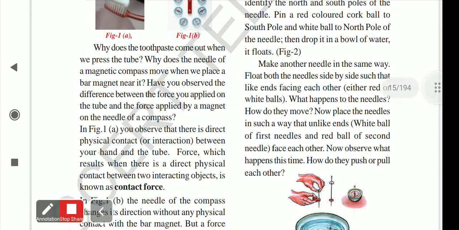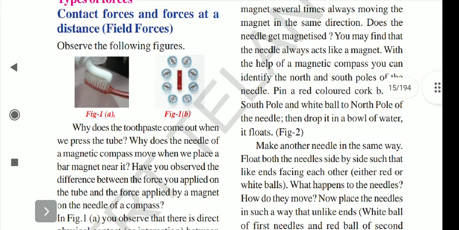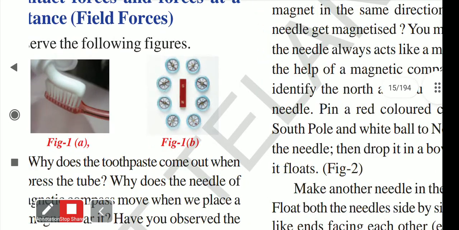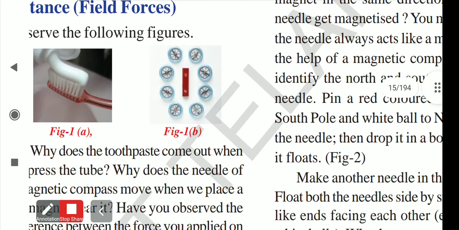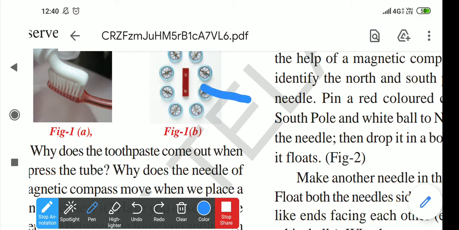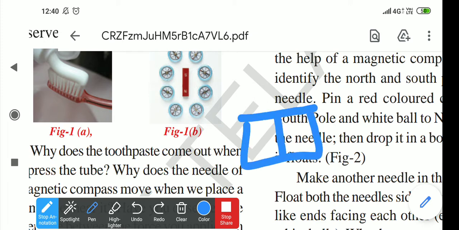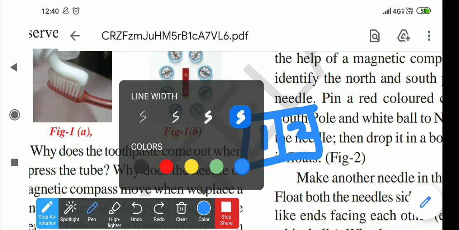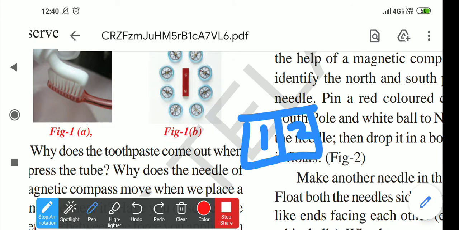Second question, why does the needle of a magnetic compass move when we place a bar magnet near it? Okay, observe that. Here are the magnetic compasses. This is the bar magnet. These are the two poles, first pole, second pole, and there is a magnetic compass here.